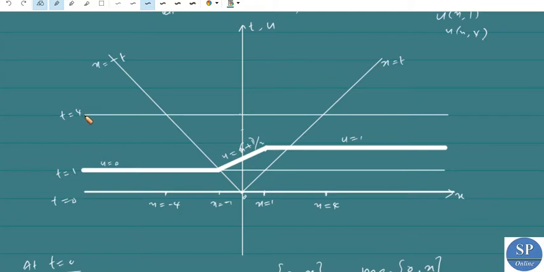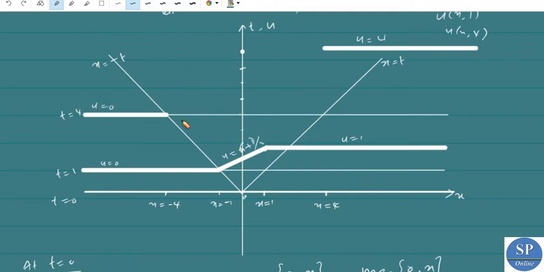So when x is less than minus 4, we have this value, and when x greater than 4, that means here, the value will be 4, that is 1, 2, 3, 4. So it will be like this. This is u equal to 0, and this is u equal to 4, at the case t equal to 0.